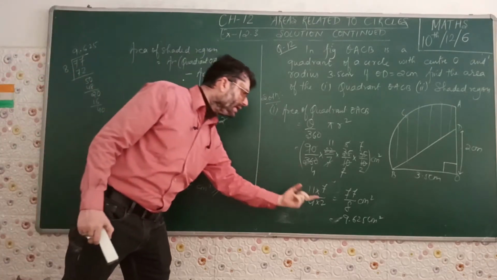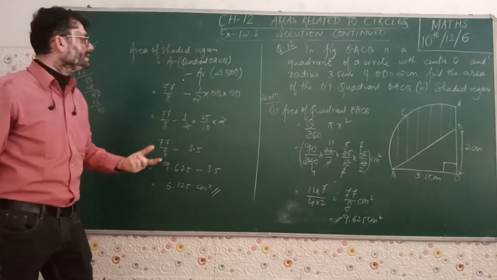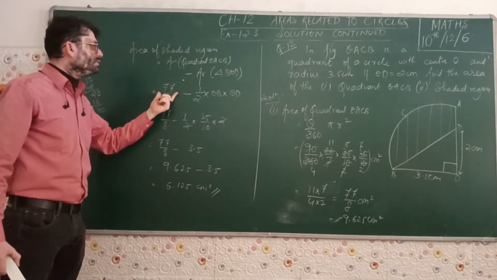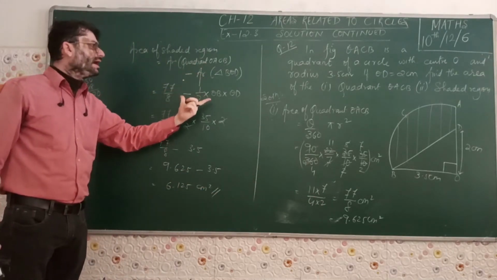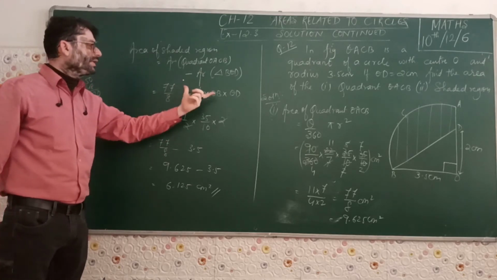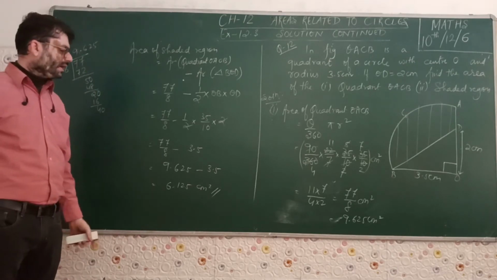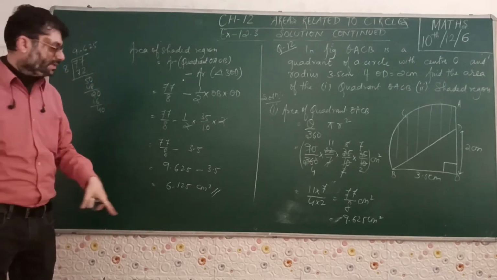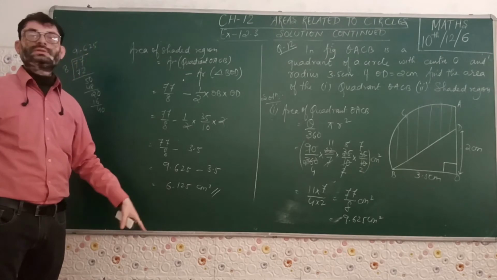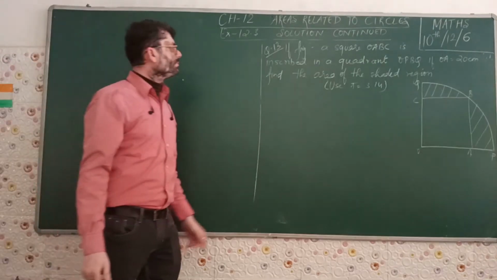We had calculated the area of the quadrant as 77 by 8 centimeter square. So we have substituted here, and the area of the triangle is half into base into height. Substituting all the values and solving it, we finally get the area of the shaded region to be 6.125 centimeter square.